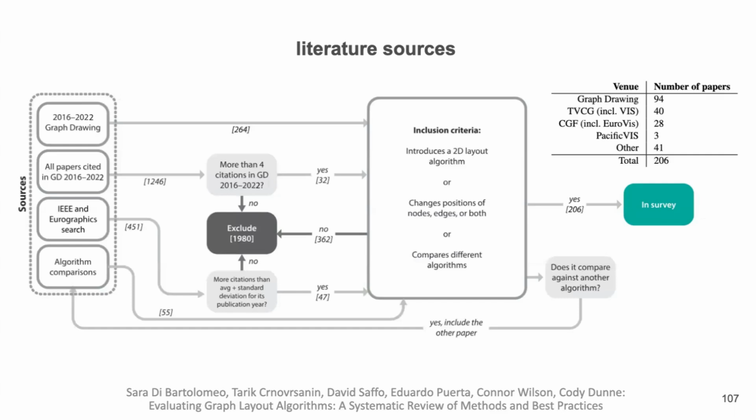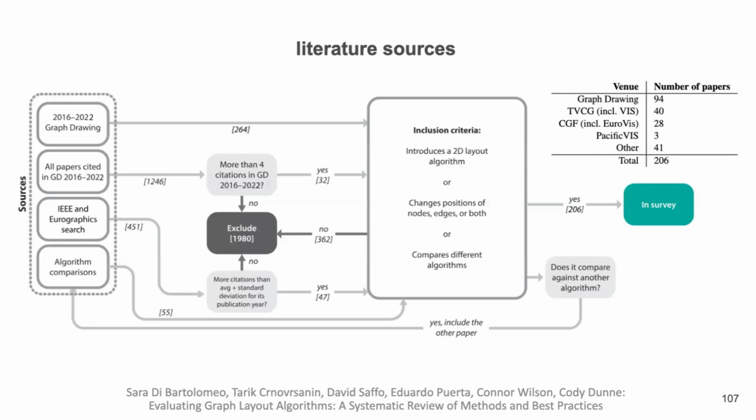What I did was I read the last 7 years of graph drawing proceedings, and then I read the papers that were cited in them through this process that is called snowballing. When you run a survey, you just check the citations and find more citations through reading citations.